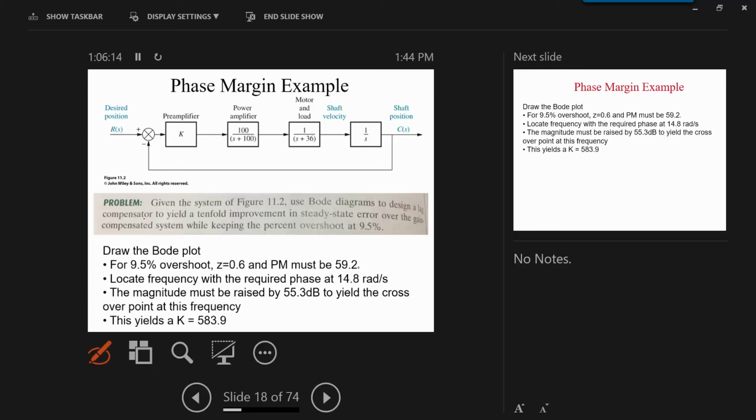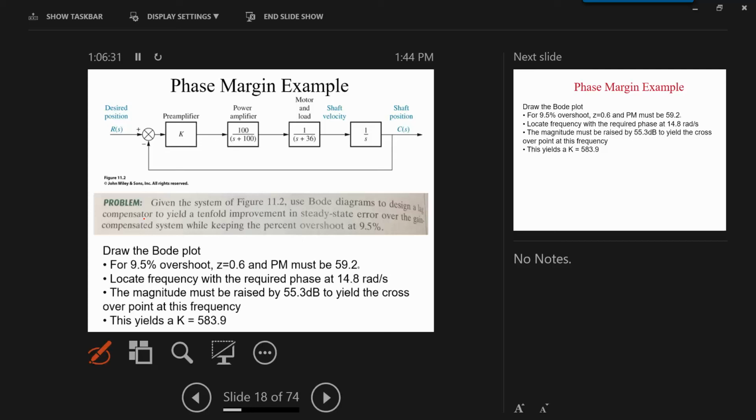If I do a Bode plot of this transfer function, this is the Bode plot, and I can just set the units.